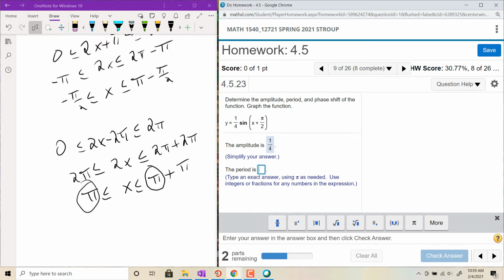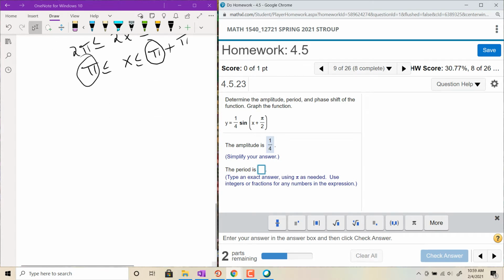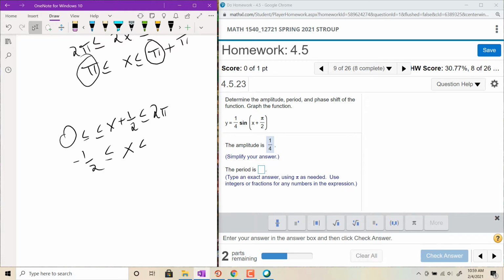And the period, I have to screw around with that stuff. It'll just be 2 pi again, but we're going to need the phase shift anyways, so let's go ahead and do that. So the period's 2 pi, the phase shift is negative 1/2.